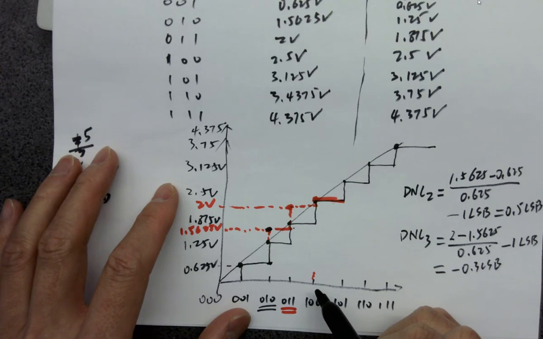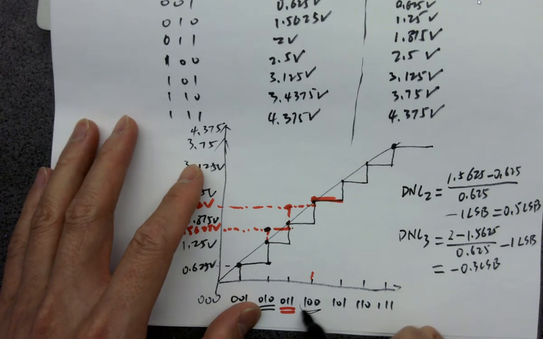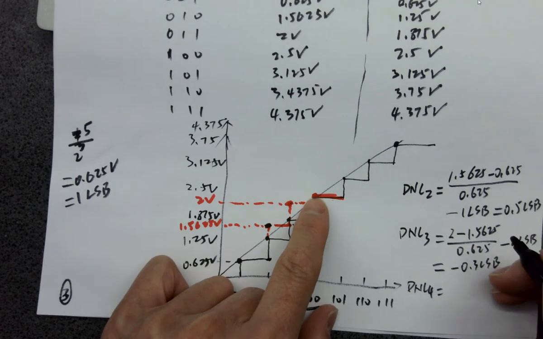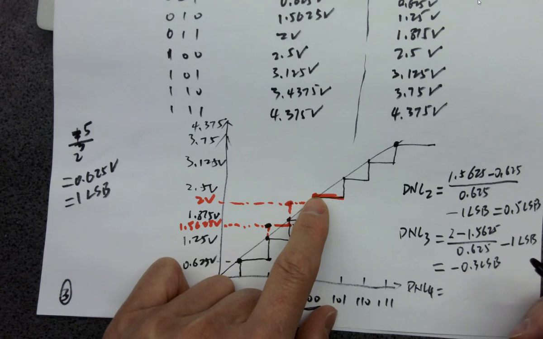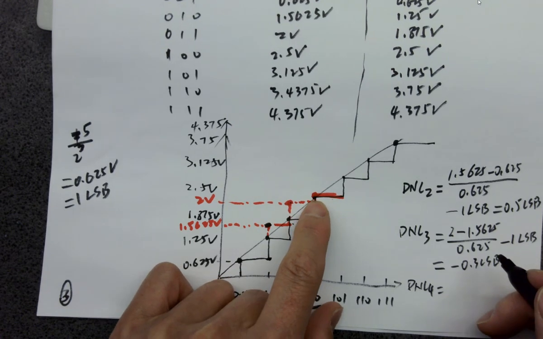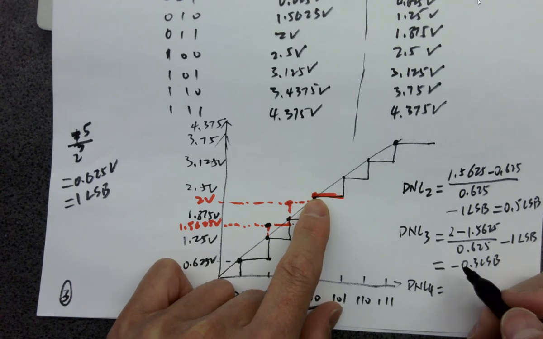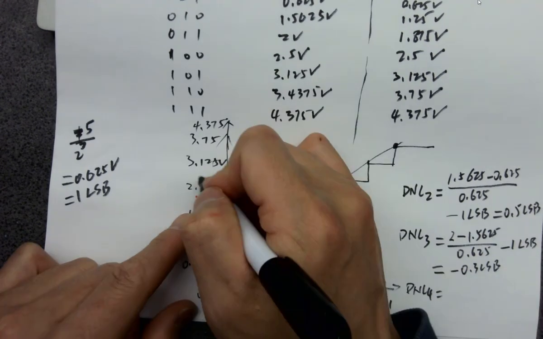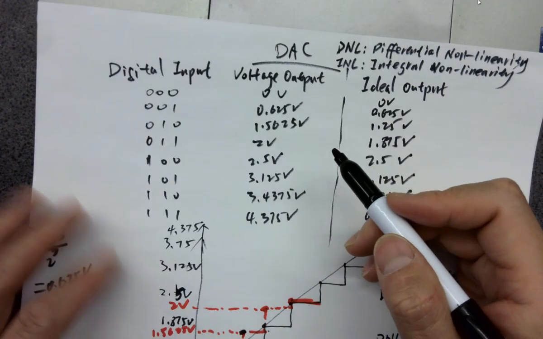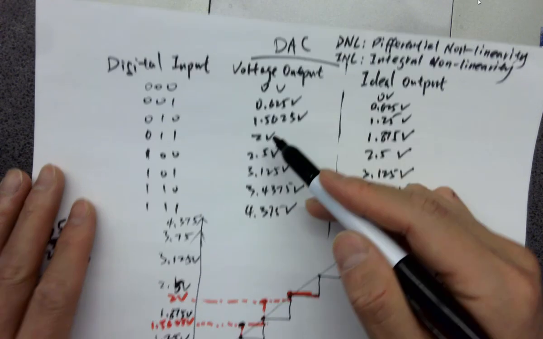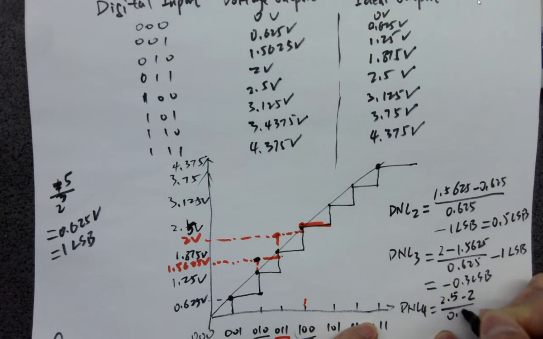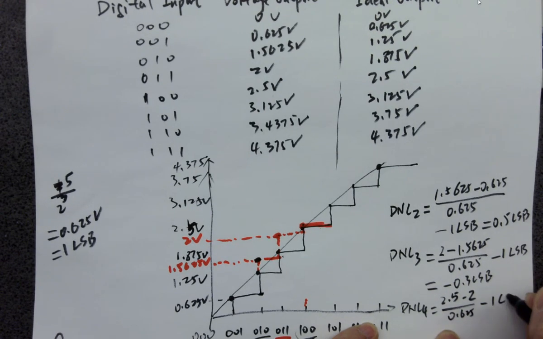So this one is DNL what? DNL 4, right? Because you are looking at digit 4. What's the step size from here to here? This one minus this, right? Here is 2.5. The previous voltage is 2, so it's going to be 2.5 minus 2, divided by 0.625, minus 1 LSB.